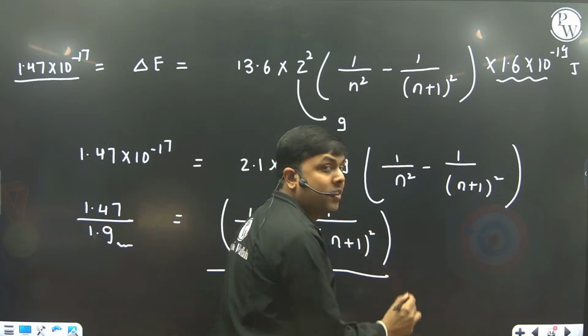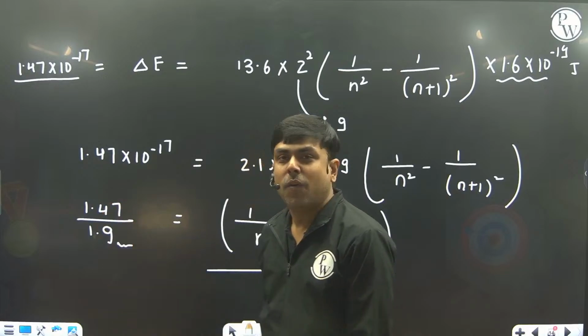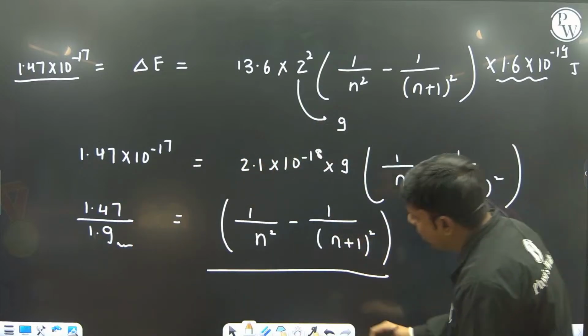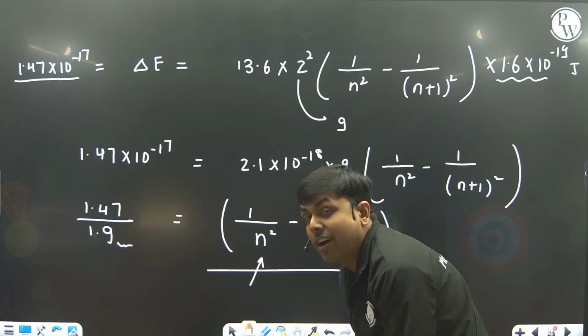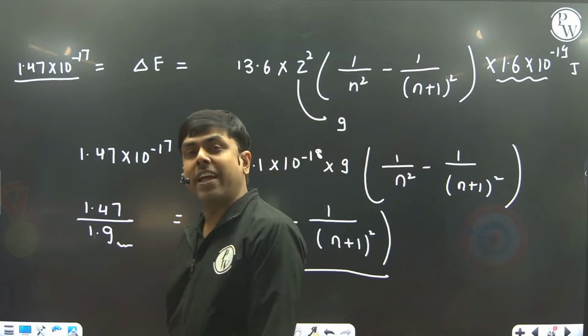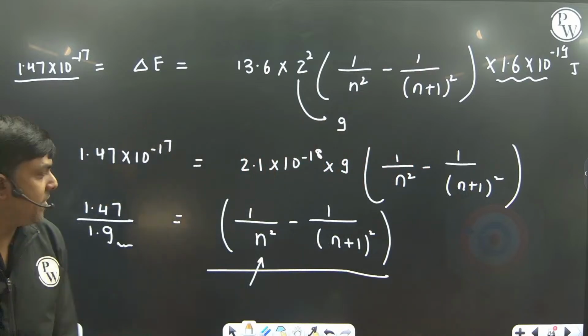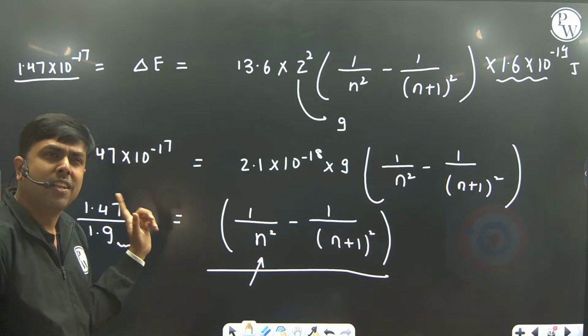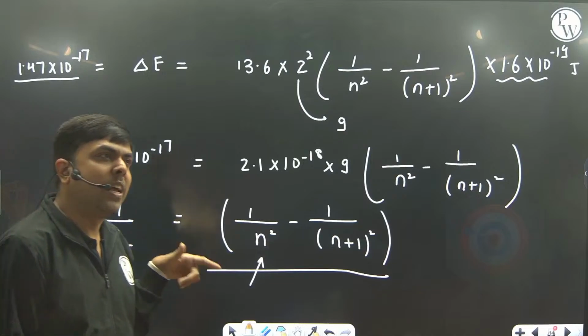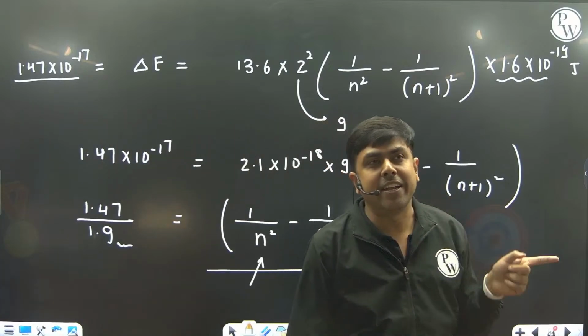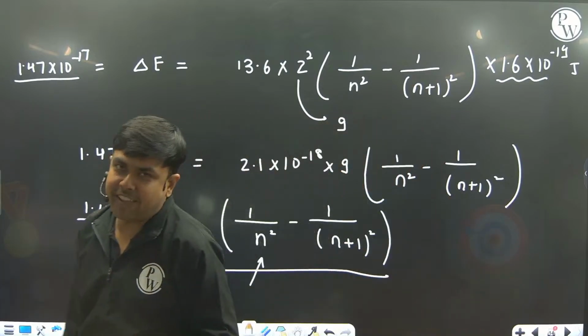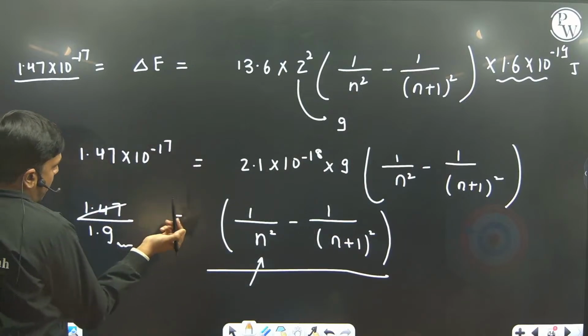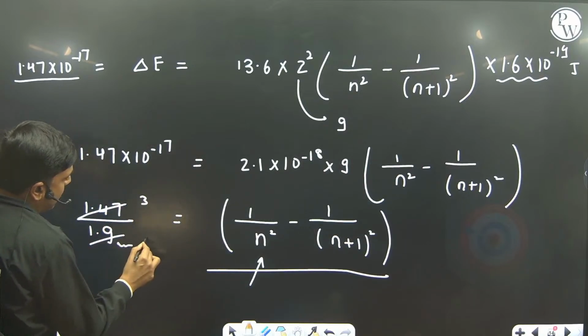One important point. Whenever we solve it, always remember this n will have an integral value. This n will always be an integer. 1.47 by 1.9, if I remember the table of 49, 49, 98, 147, 196, so it's 3 and it's 4.